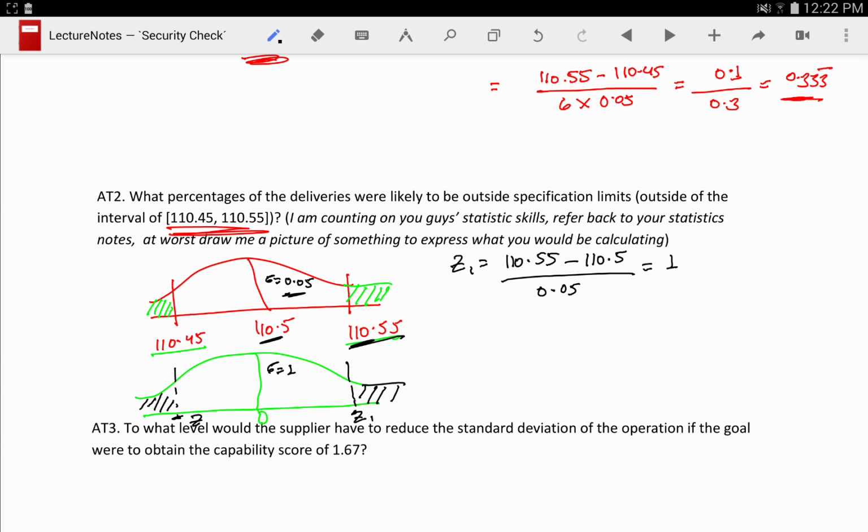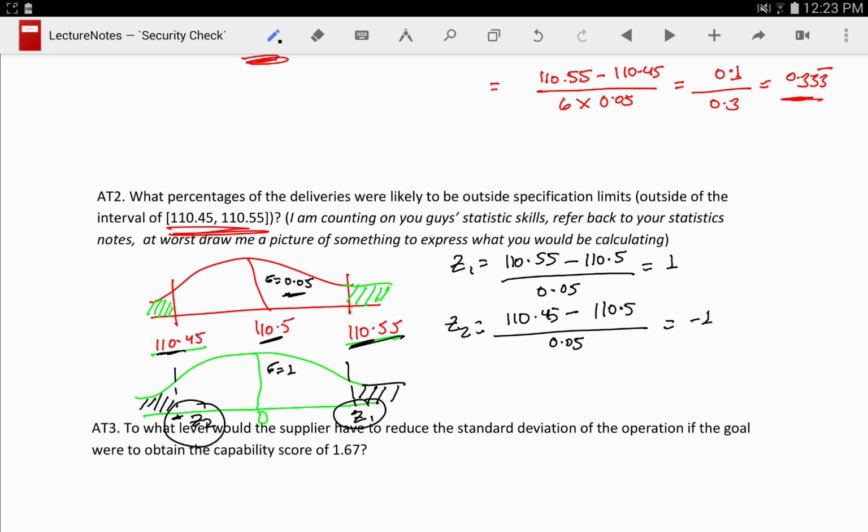Well, let's find Z2. Again, we want the equivalence of 110.45, so 110.45 minus the mean 110.5 divided by the standard deviation 0.05 comes out to be -1. So our Z2 is -1, and our Z1 is 1.